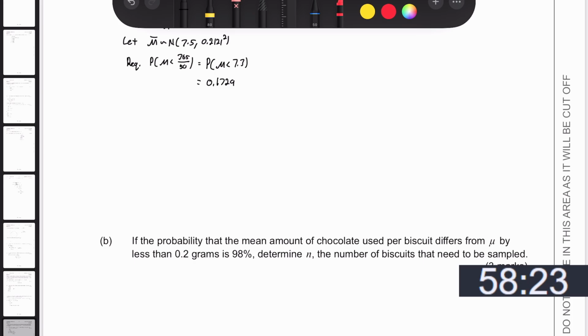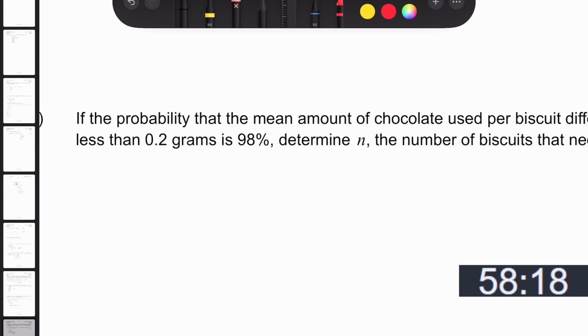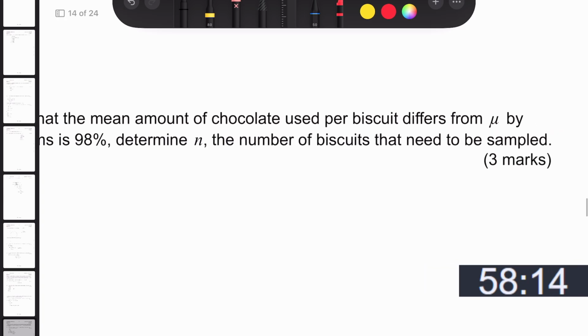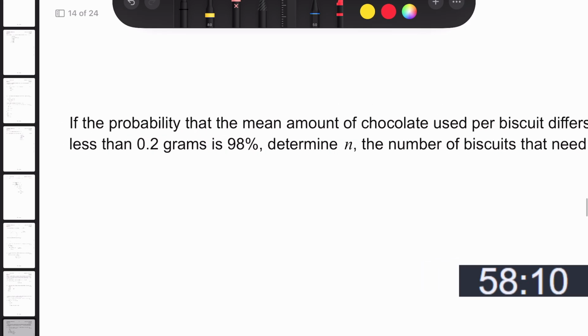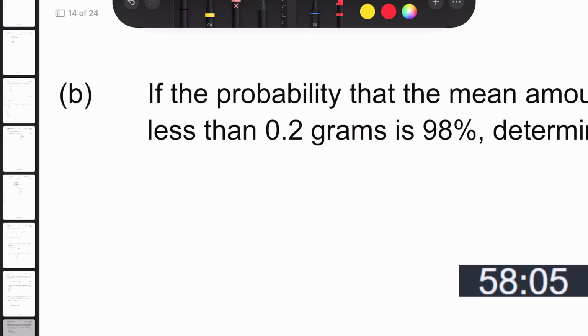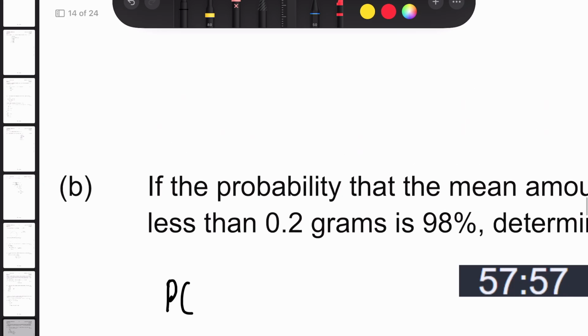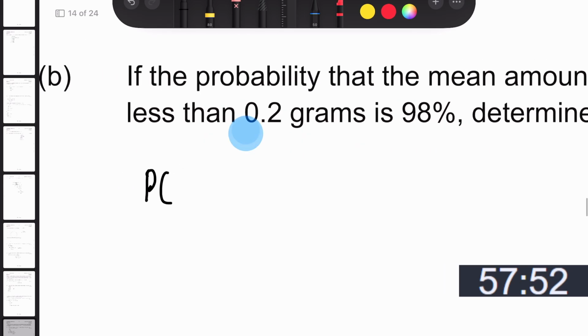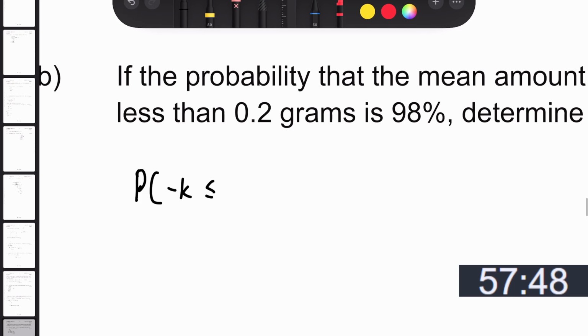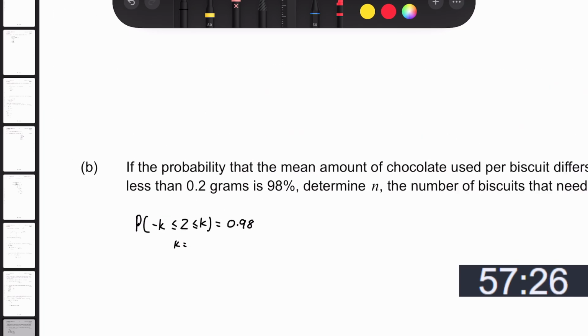Is the probability that the mean amount of chocolate per biscuit differs from mu by less than 0.2? Determine the number n that needs to be sampled. The mean amount of chocolate used per biscuit differs by mu less than that. So the probability that, oh yeah, I was talking to some people, they said that you probably shouldn't be writing the calculator syntax, you should be writing the probability statements. So okay, I'm going to start writing probability statements. So negative k less than or equal to z, less than or equal to k is going to be 0.98. K would be, so solve normal CDF of negative x to x of 1 of 0 equals 0.98.